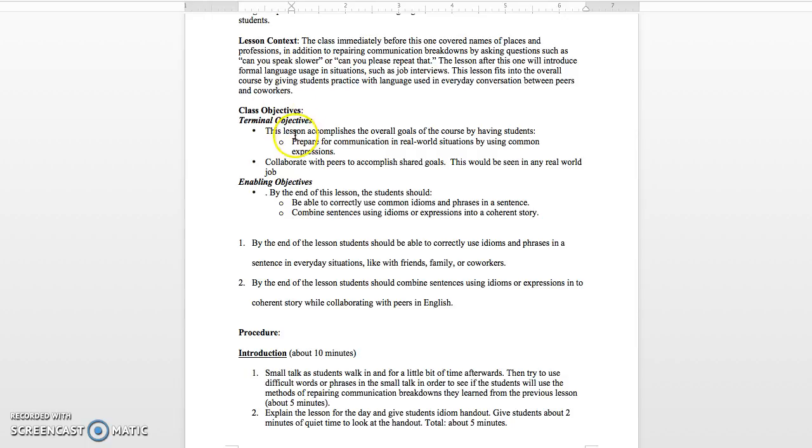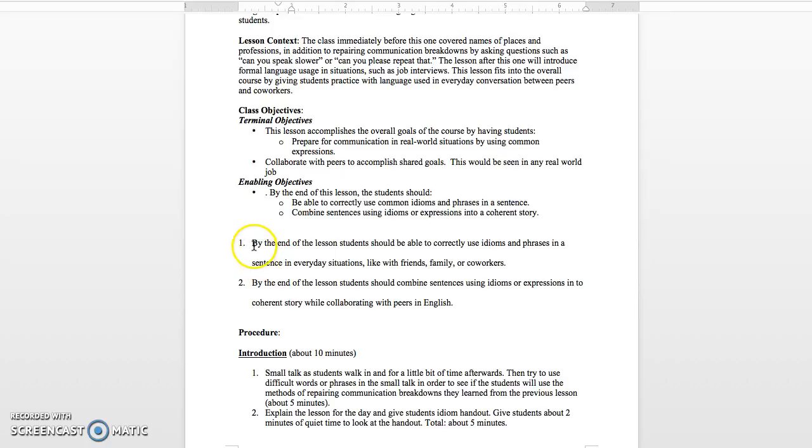So now the new terminal objectives focus on the overall goals of the course, and the enabling objectives enable these objectives to be met. And I feel like the new enabling objectives need to be more specific.